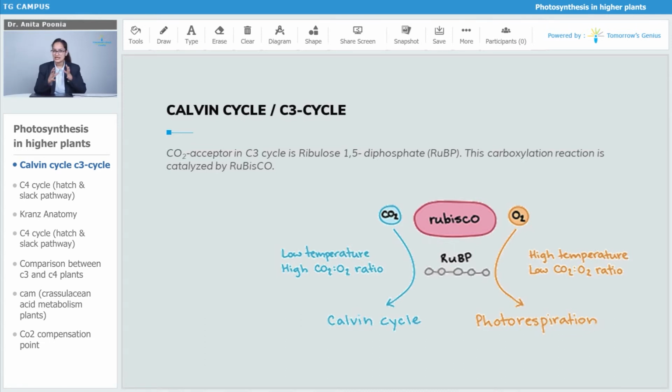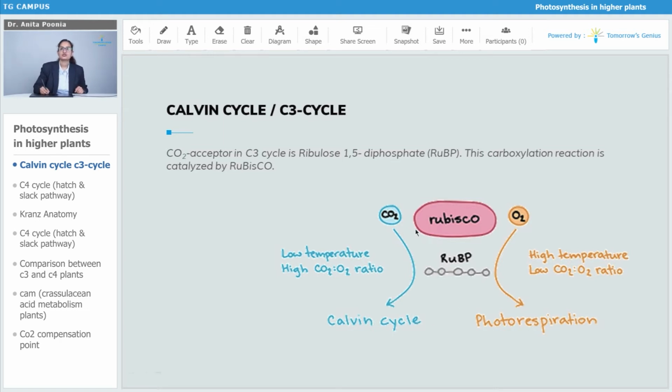Understood the relation? The ribulose 1,5-bisphosphate, RuBP, is the carbon dioxide acceptor. The carboxylation reaction is catalyzed by Rubisco.